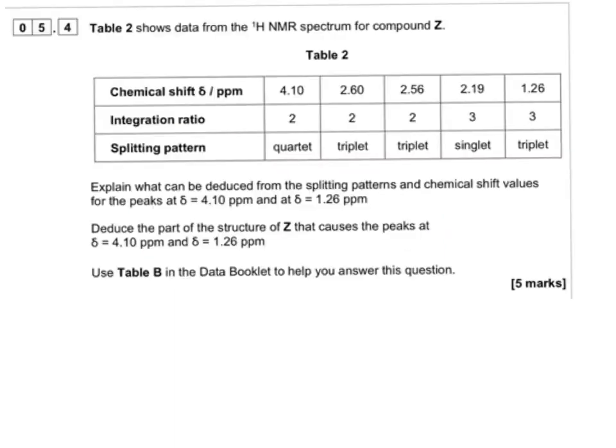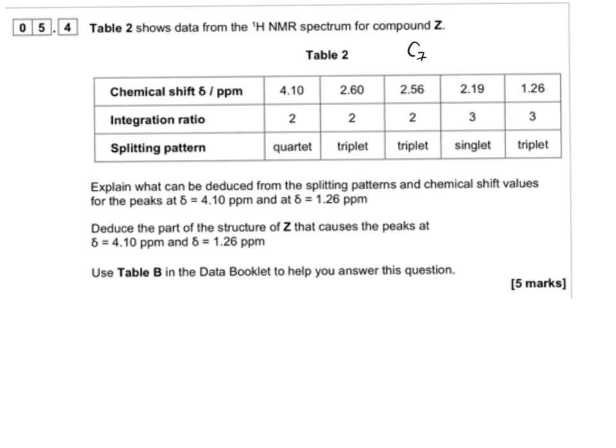Let's now look at a typical examination question. This came from AQA 2023, paper 2. Already in the previous part of the question, you'd elucidated that there were 7 different carbon environments.